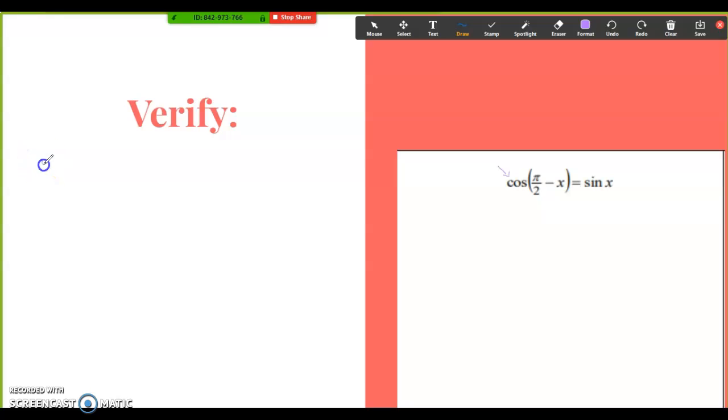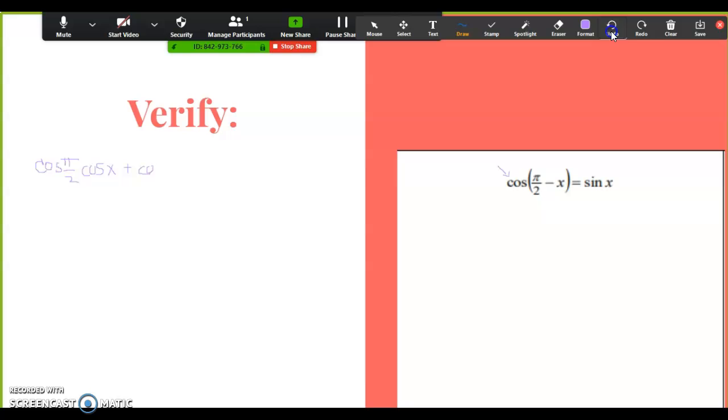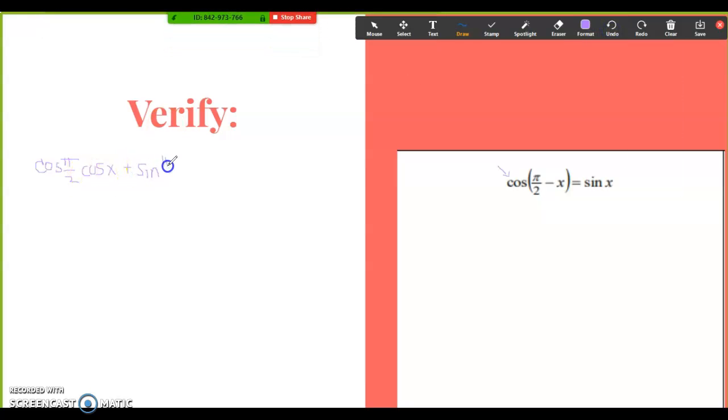So really this is saying the cosine of pi over 2 times the cosine of x plus the sine of pi over 2 times the sine of x. Remember, this is just the expansion of the cosine difference identity. This should equal the sine of x.